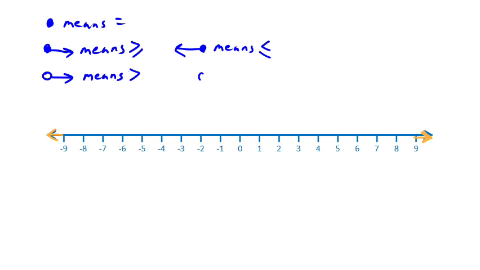But if we don't want the equal, we leave an empty circle, and then we do our less than symbol. So this one means less than. And we can probably think from the arrowheads that this direction is greater than, and then this direction must be less than.